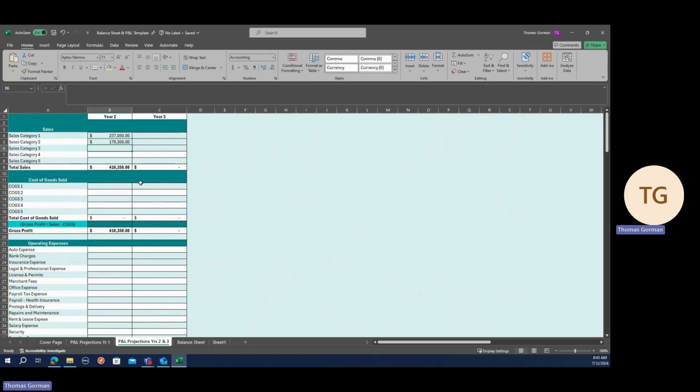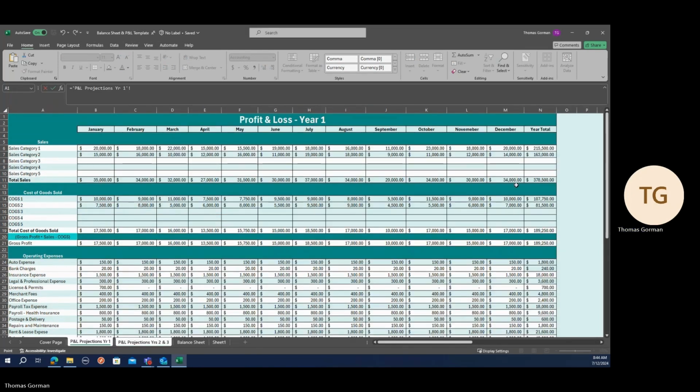So moving forward, we can go on to cost of goods sold. Once again, it's going to be the same thing we did for product number 1 and product number 2. So we go equals, go over to year number 1, select our cost of goods sold for product 1, and multiply that times 1.1.